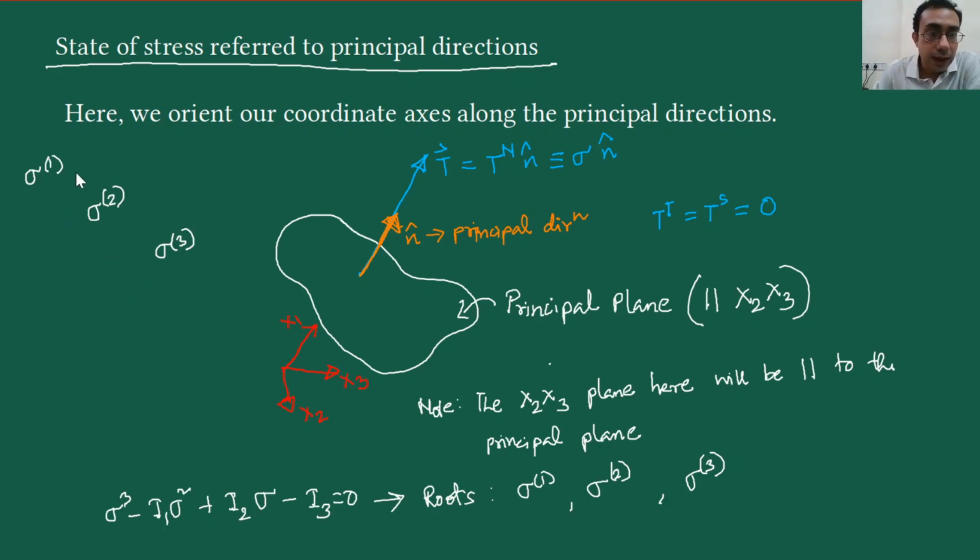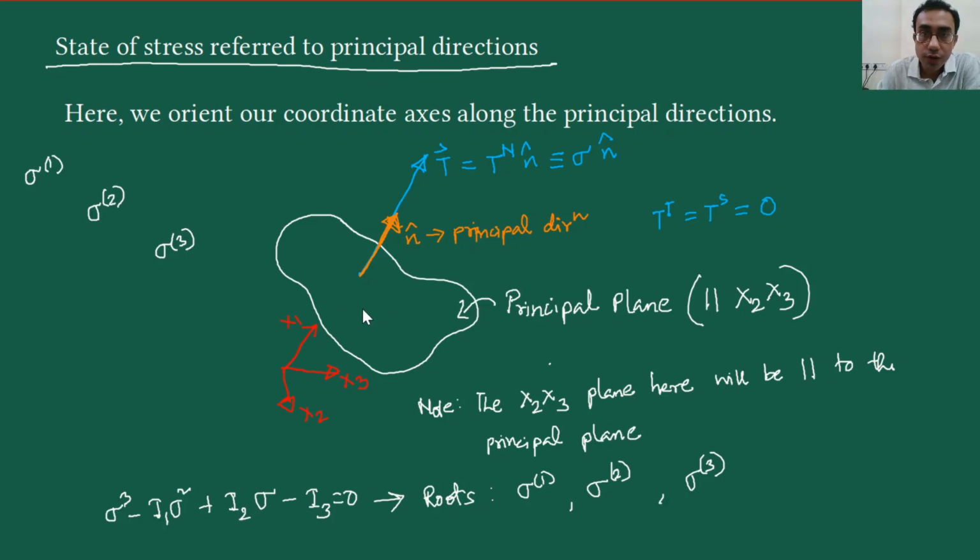Now what about the other two components, the sigma 1 2 component and the sigma 1 3 component? Sigma 1 2 is the traction component lying on a plane which is perpendicular to the x1 axis but which is oriented along the direction x2. But on this plane we have already noted that there will be no traction component along the plane.